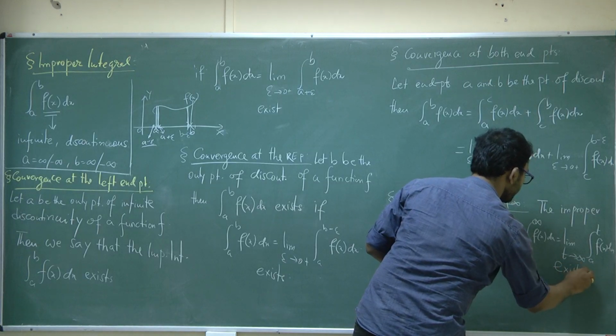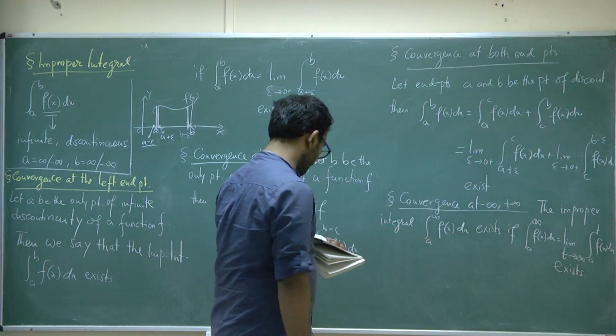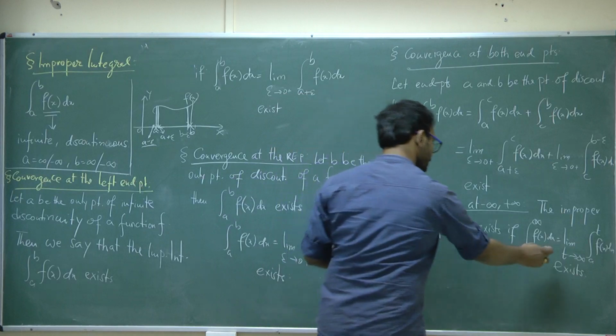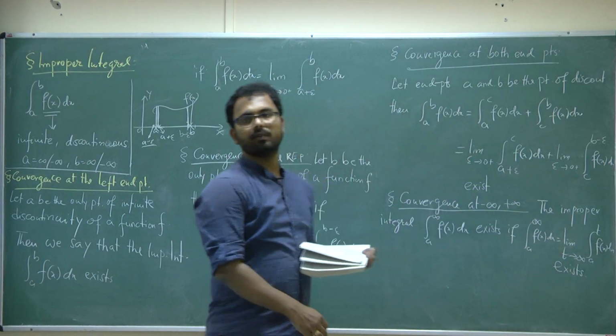So, if this limit exists, then we can say that the given integral is convergent. If it does not exist, then we say that the given integral is divergent.